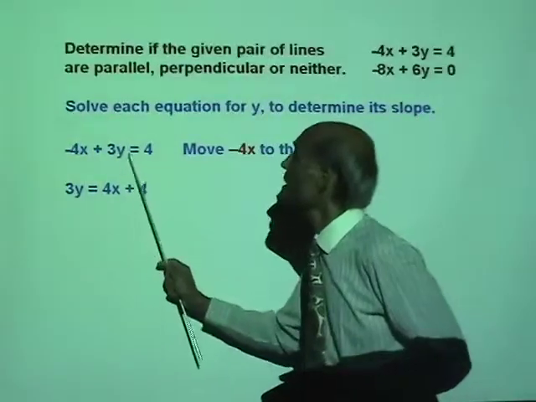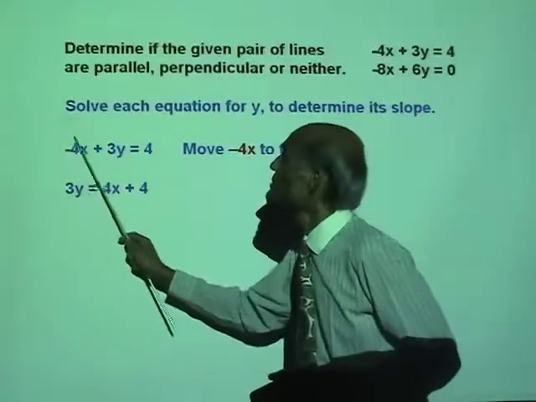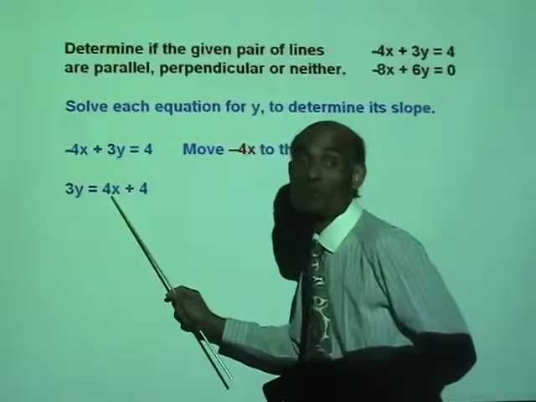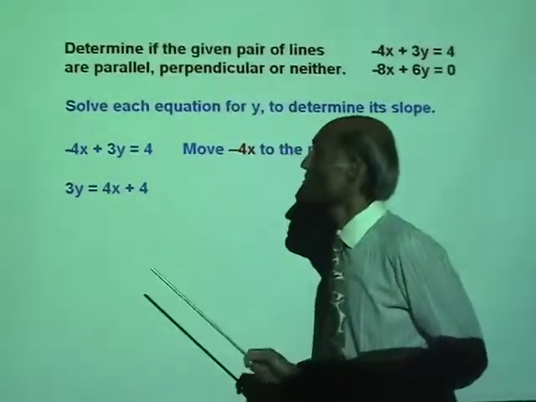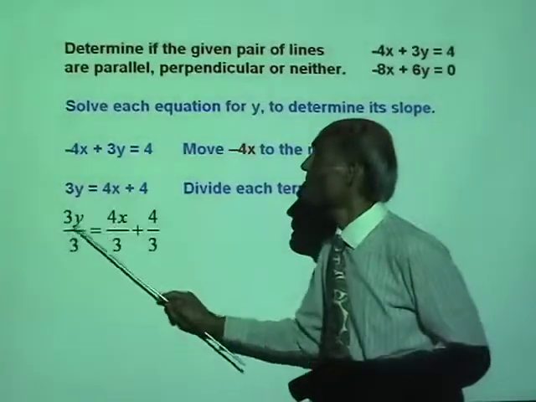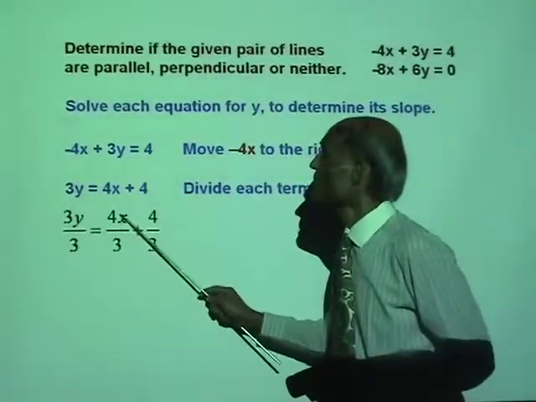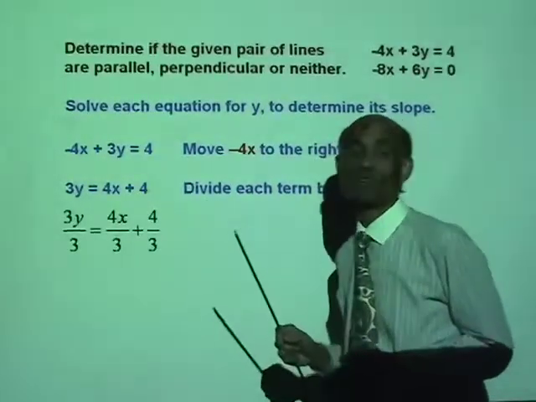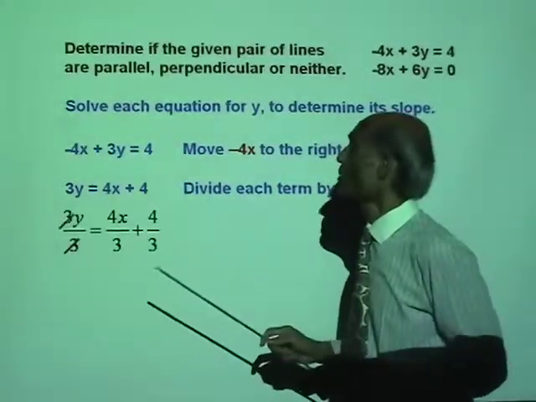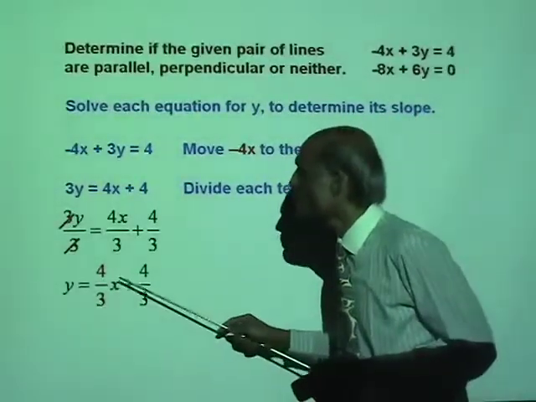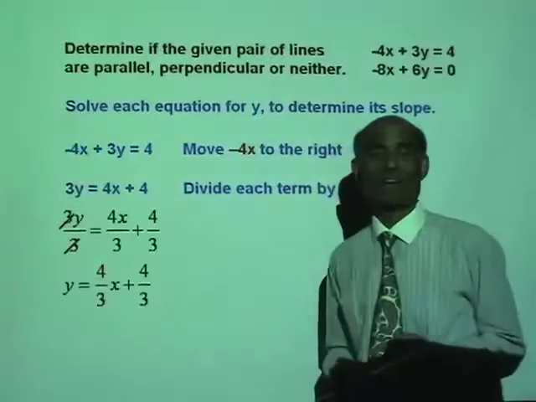That will give me 3y equal to 4x plus 4. Divide by 3. We get 3y divided by 3 equal to 4x divided by 3 plus 4 over 3, or y equal to 4/3 x plus 4/3.